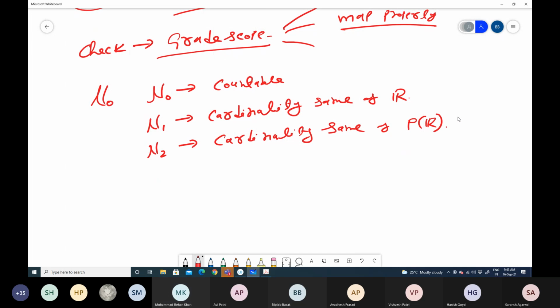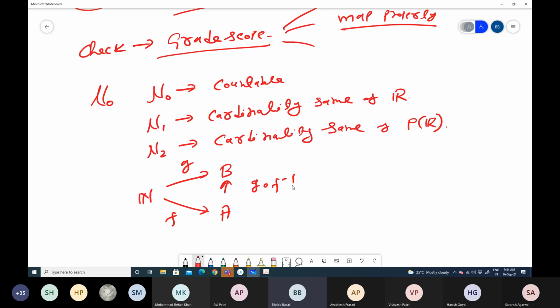What do you mean that A and B are countable? That means there is a bijective map F and a bijective map G. Then you can have a bijective map from A to B: G composed with F inverse. That's all.